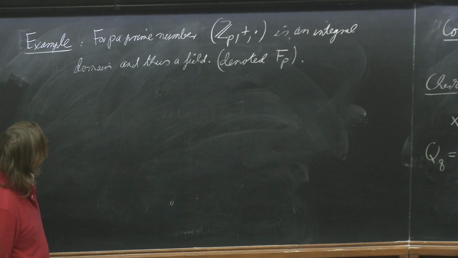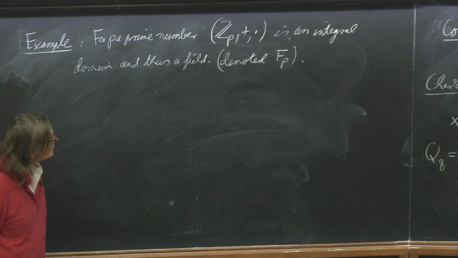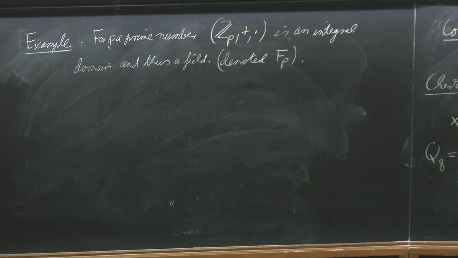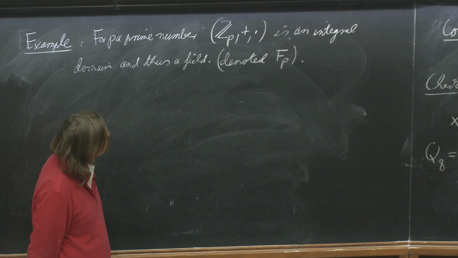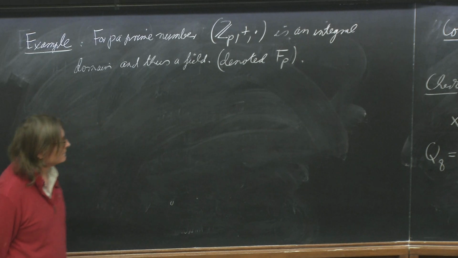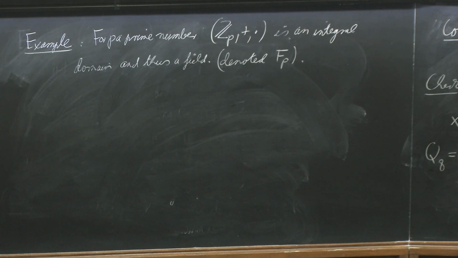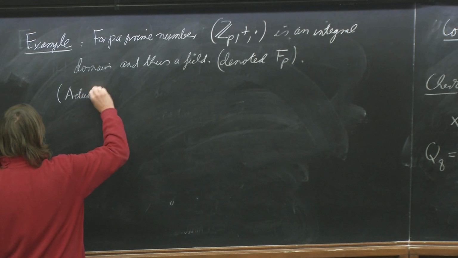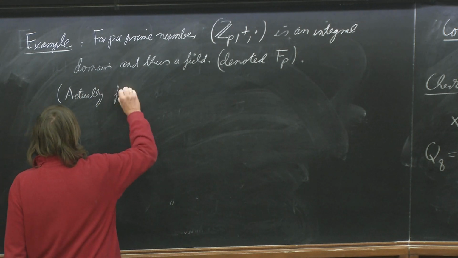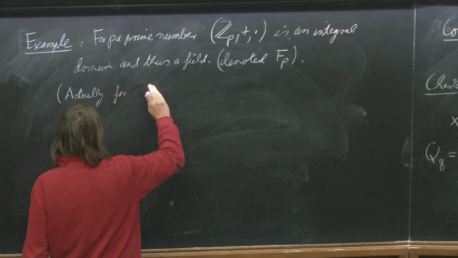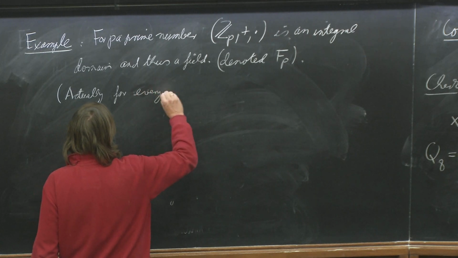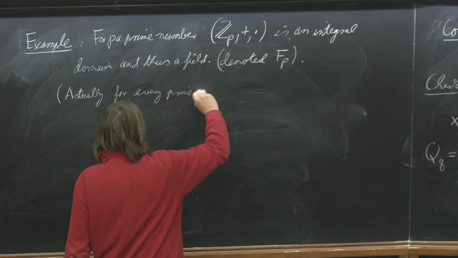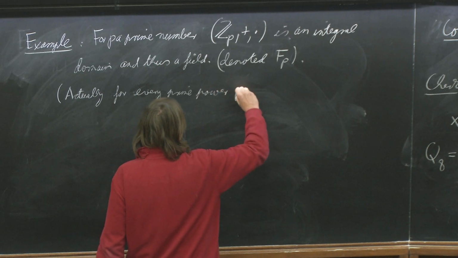So we now know that there are some finite fields. For every prime number, there is a field with p elements. One can actually show that there are more finite fields, namely for every power of a prime number, there is a finite field with p to the n elements. We will see that later in the course.